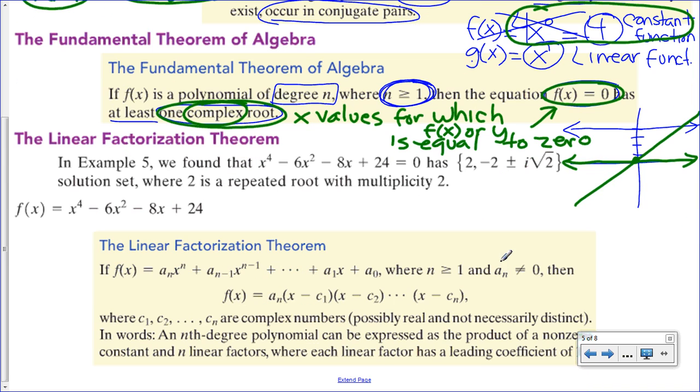So let's go to the linear factorization theorem. And if you have looked at your review, you're going to have to use all of those theorems. So you will have to go back to your notes, and for some of them, fill in the blank. Okay? So let's see. In example 5, we found, oh yeah. Yes, this one here, they're not writing 2 twice, it's just once, right?